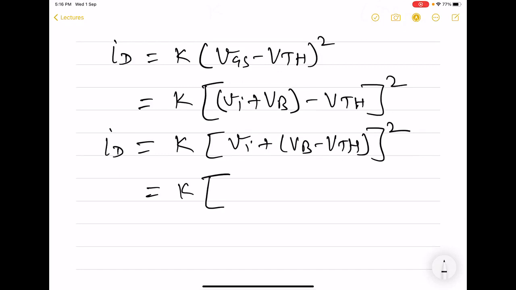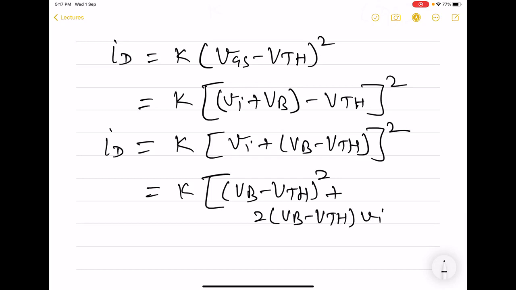This can now be expanded, and we will get, let me write first the DC quantity, (VB minus VTH) whole square, plus 2 (VB minus VTH) into VI plus VI square.